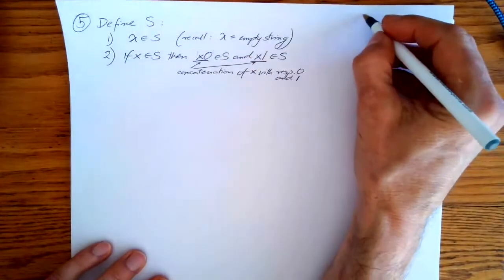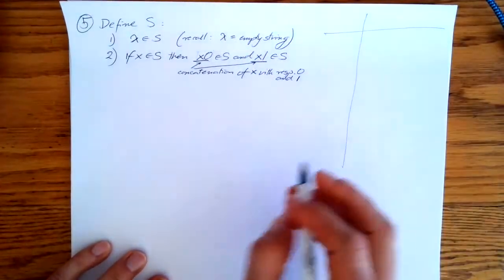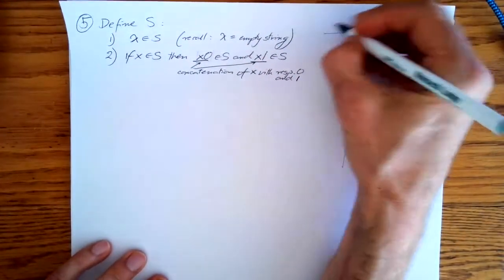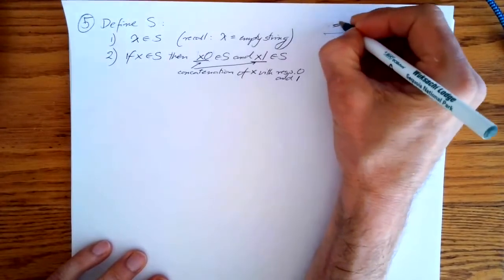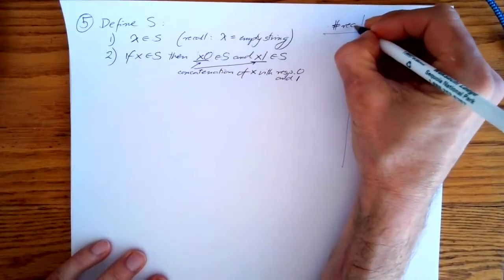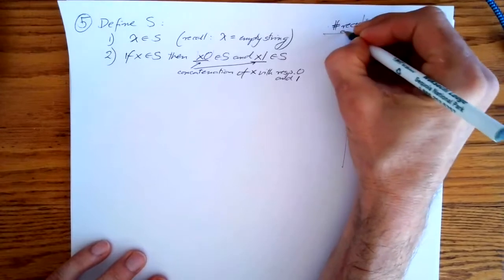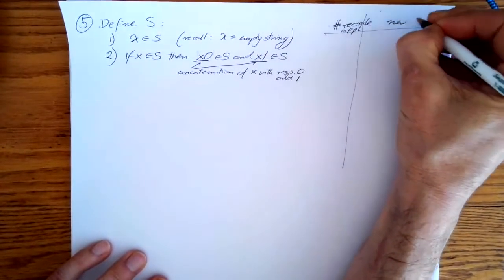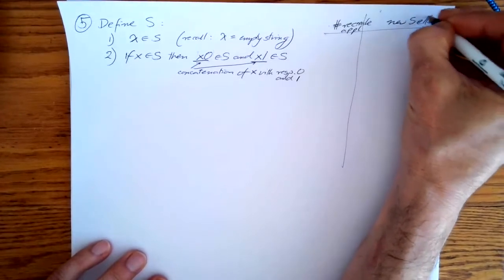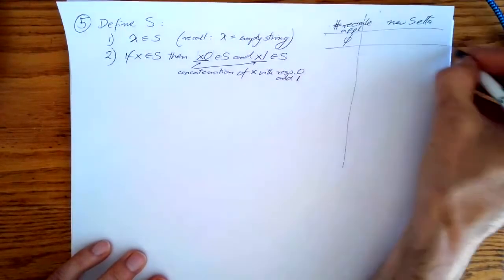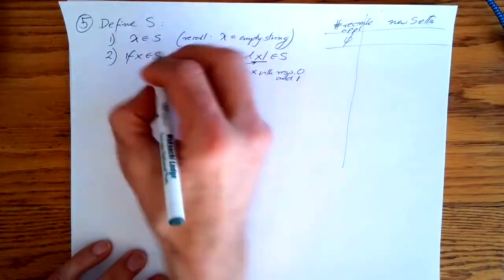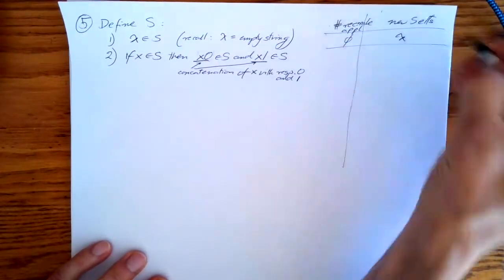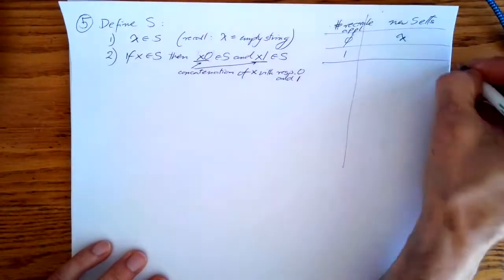Okay, let's see what is being built here. Number of recursive rule applications and new S elements. Say I'm in the base case, I don't use the recursive rule at all. What is in here is an empty string. Okay, I use this rule once.